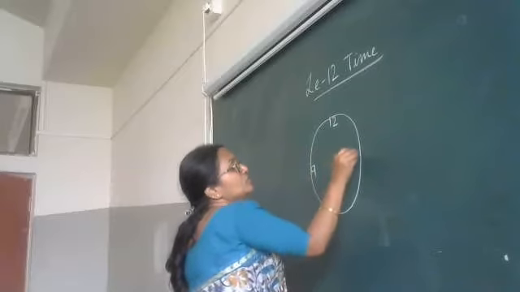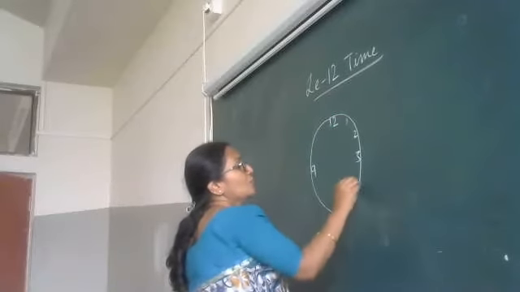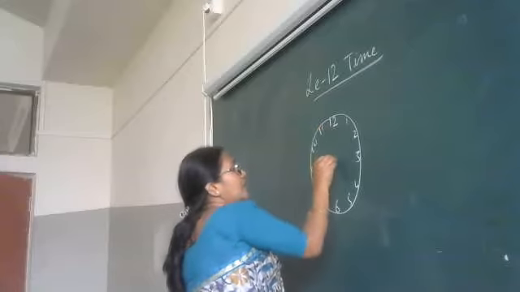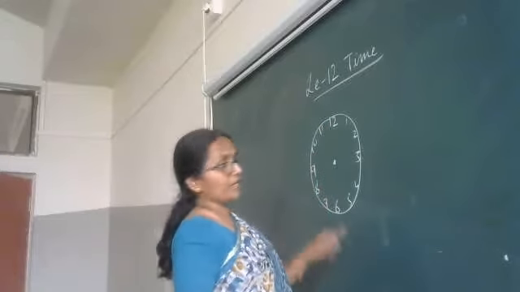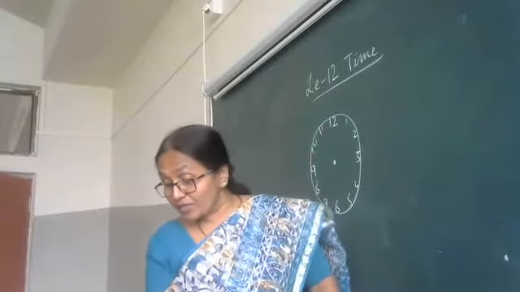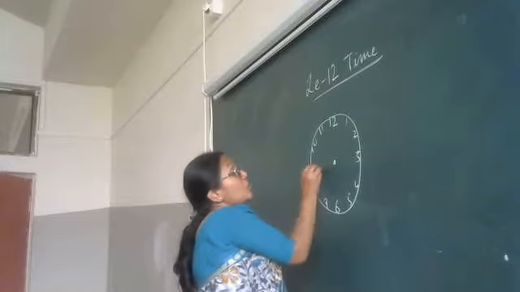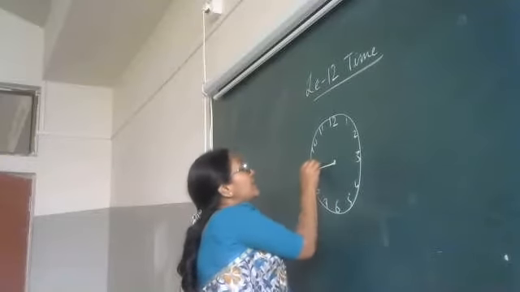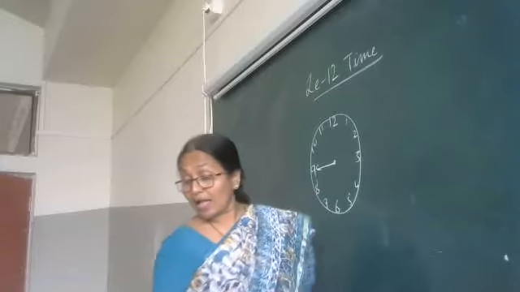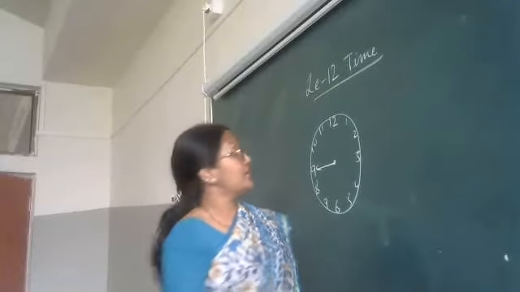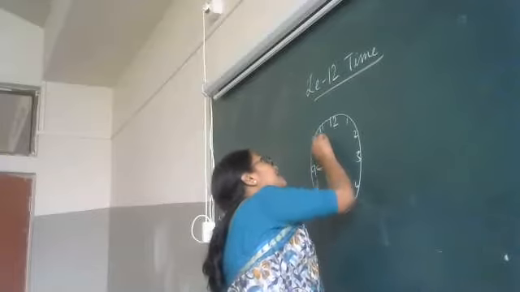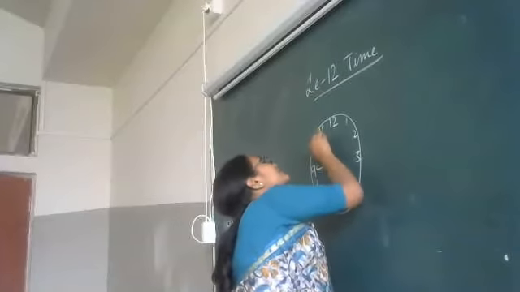The long hand, that is the minute hand, is at 9, and in your book the hour hand, that is the small hand, is near 11.